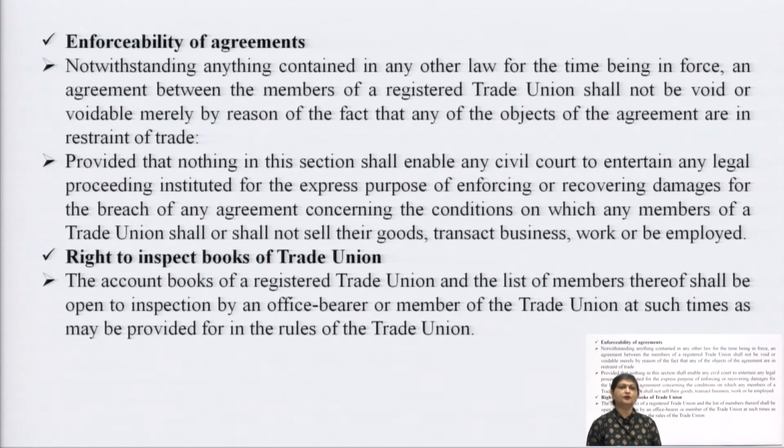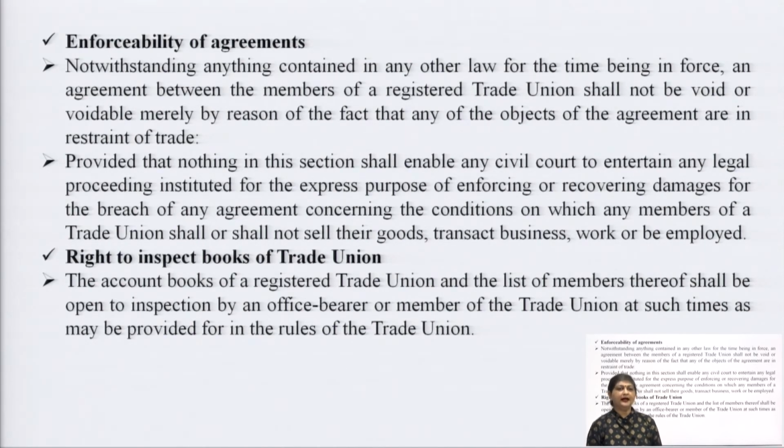It has also been provided that nothing in this section shall enable any civil court to entertain any legal proceedings instituted for the express purpose of enforcing or recovering damages for the breach of any agreement concerning the conditions on which any member of a trade union shall or shall not sell their goods, transact business, work or be employed.